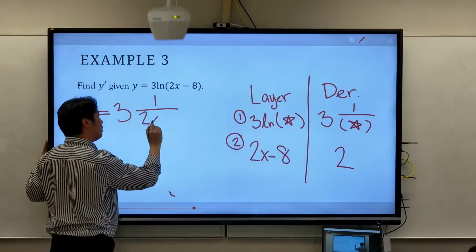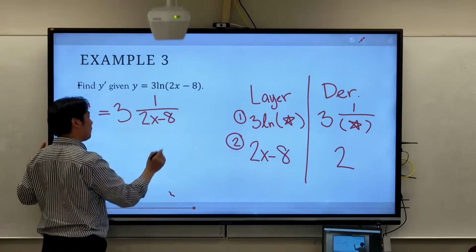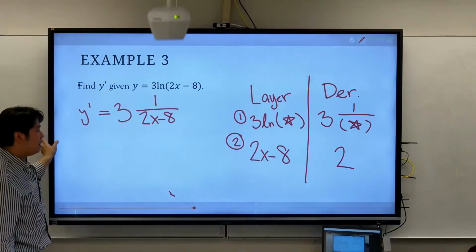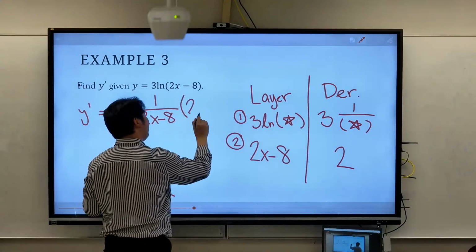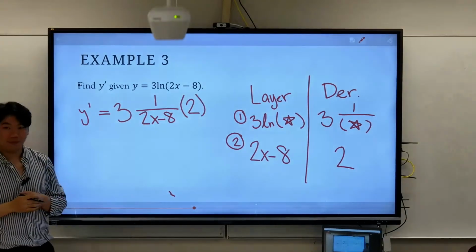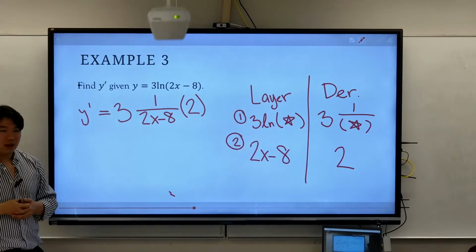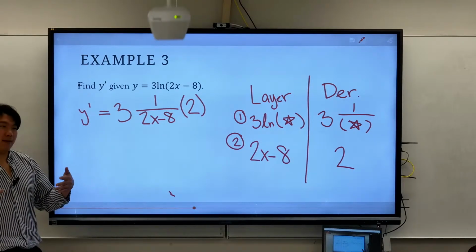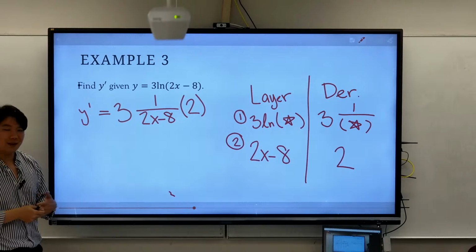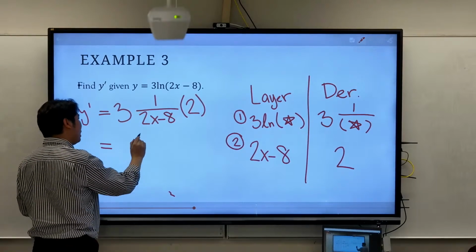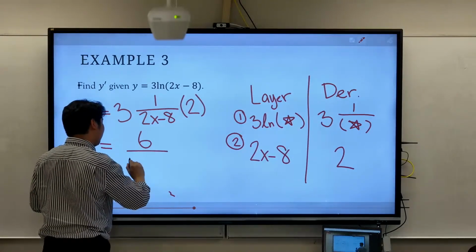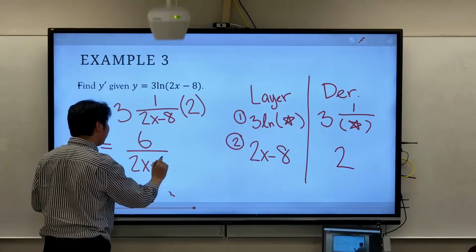Yeah, 2x minus 8. And then I also have times the derivative of the second layer, which is 2. And then we're done. If you want, you could simplify this just because it's really quick and easy to simplify. Really, all I can do here is say 3 times 2 times 1. We get 6 over 2x minus 8.